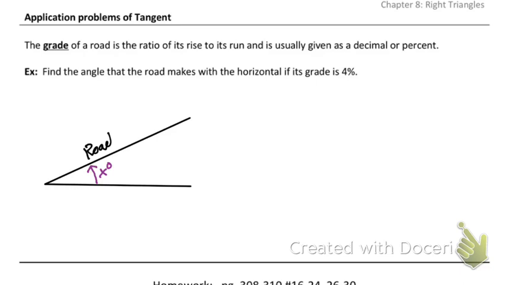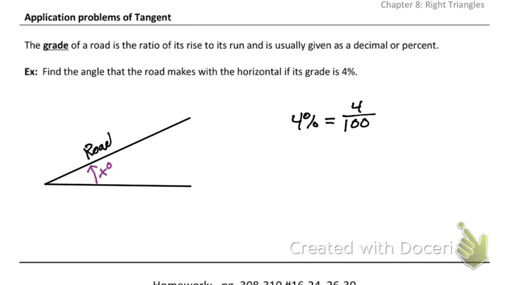Cent means 100. So 4% means 4 per 100, or just 4 over 100.